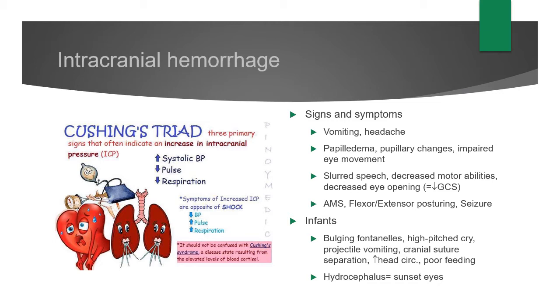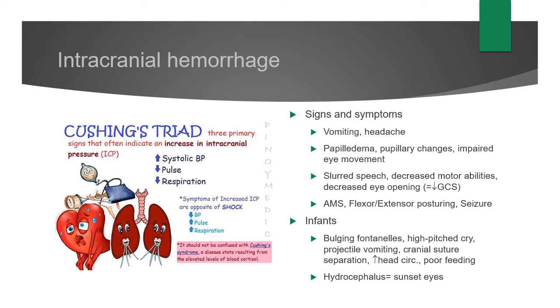So nausea, vomiting, headache, and then changes in our Glasgow Coma Scale, so changes in speech, motor, and eye function. You also might notice papilledema, which is edema of the optic nerve, and we see this with brain tumors as well as head injuries or anything that increases intracranial pressure.